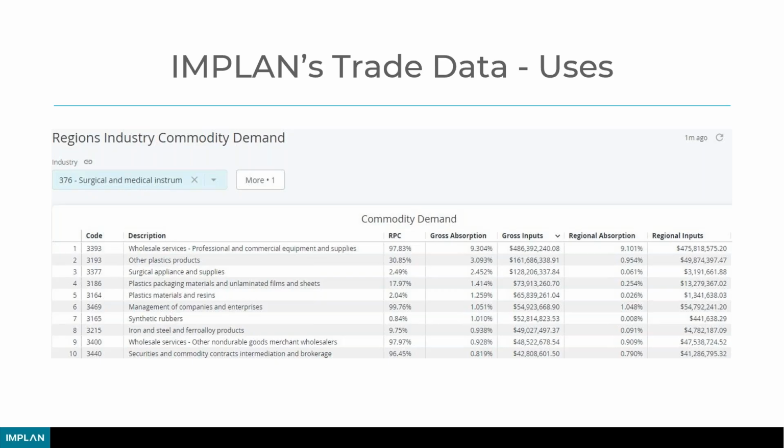A zip code isn't an economy. And so the number of industries that have a lot of suppliers within exactly the same zip code is going to be pretty small. So your RPCs, your regional purchase coefficients, and your input-output multipliers are going to be relatively small.